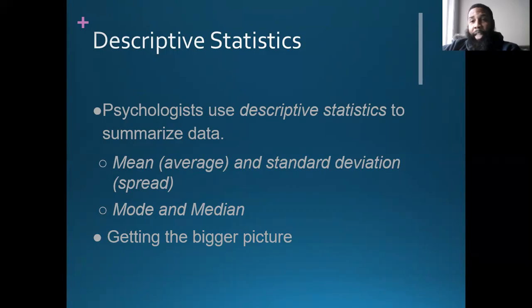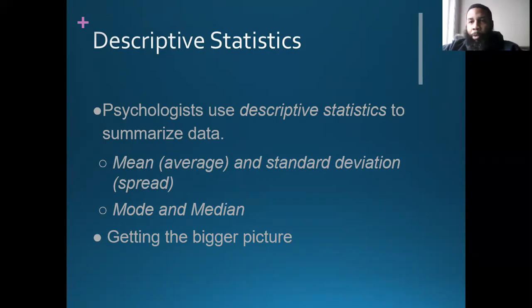The mean tells us what the average response is, right? And then standard deviation tells us what the spread is. So of those responses, of the data that we got, what is the spread of the answers? What are the ranges from the mean to where the responses actually fall for that subject pool?